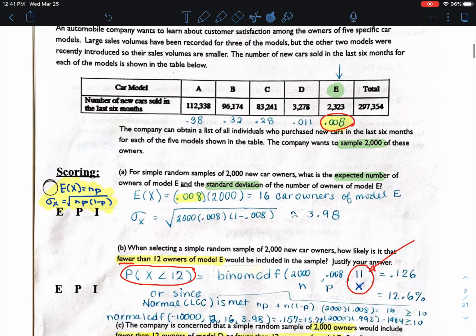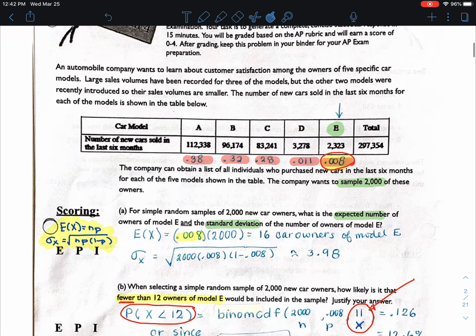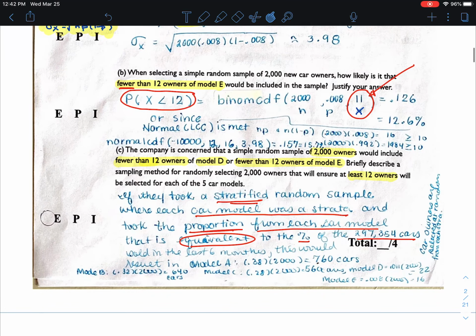And those were these numbers that I had put up here earlier. I had listed like what percent those cars make up. So if we're looking for a sample size of 2,000, then we could say, well, we want 0.008 of that 2,000 to be how many cars we would sample for Model E. Okay, so for example, I think I started on the left.